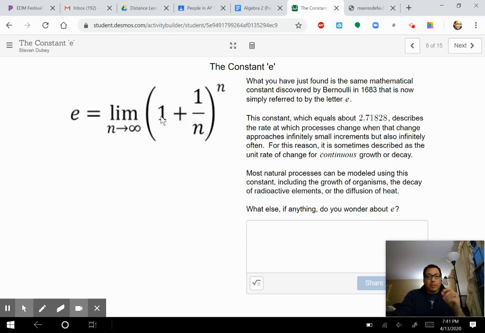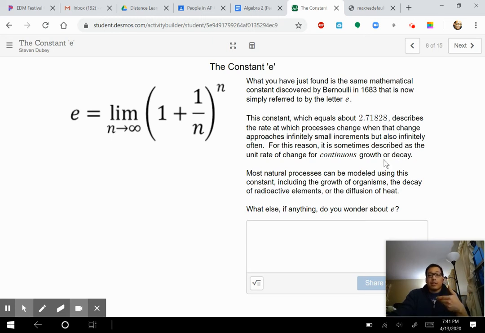If something increments by a tiny amount, almost an infinitely small amount, but infinitely often, it gets closer and closer to this number, 2.718.